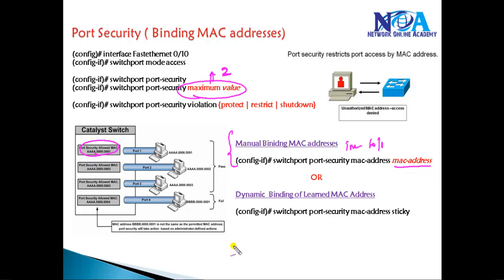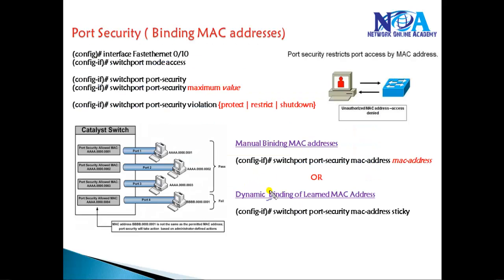So I can say on port number 1, I should learn only the MAC addresses AA and AB, which means I'm defining the maximum value of 2. So 2 different MAC addresses are allowed on port number 1. If it learns any other MAC address other than these 2, the third MAC, let's say I'm receiving XY, in that case it's not going to accept the traffic from this particular port. As per the default violation rule, if I say shutdown, it is going to simply put the port into error disabled state.